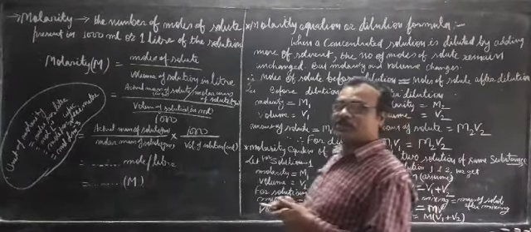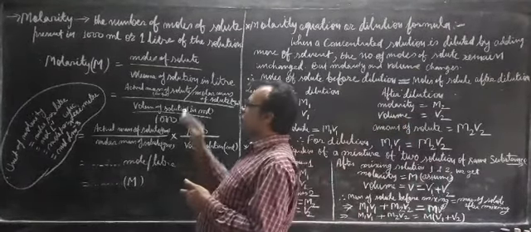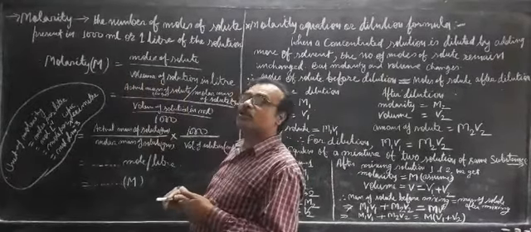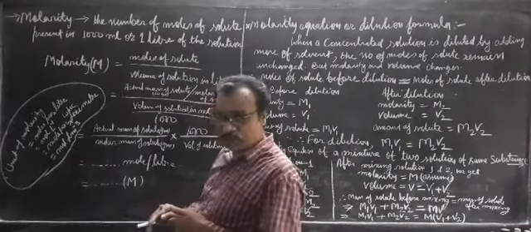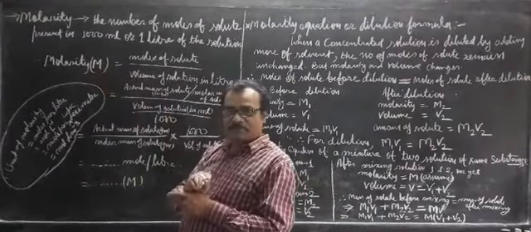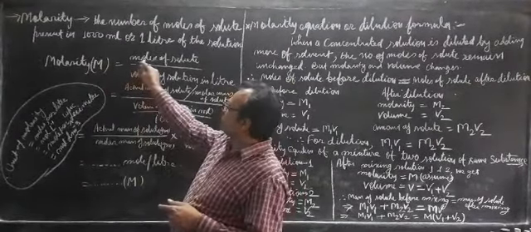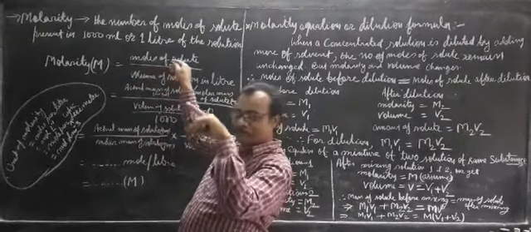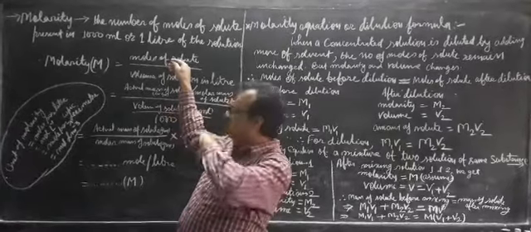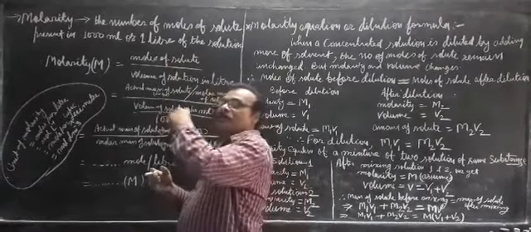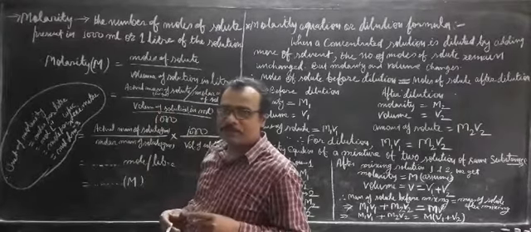So what are the things that are undergoing change? Volume and molarity. During dilution, the changes taking place in the solution are volume and molarity. But the number of moles of the solute remains the same, because we are not adding solute into it and we are not removing solute from it.